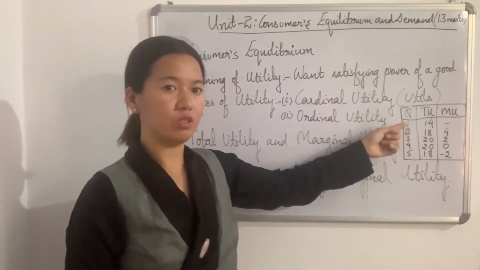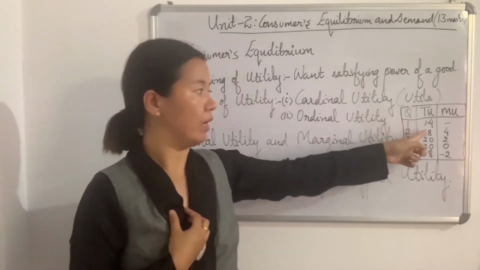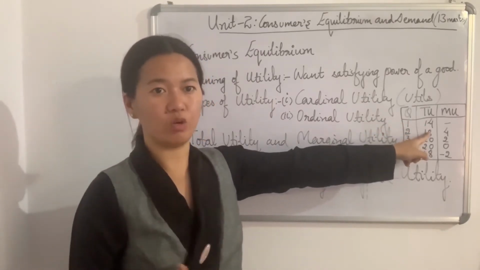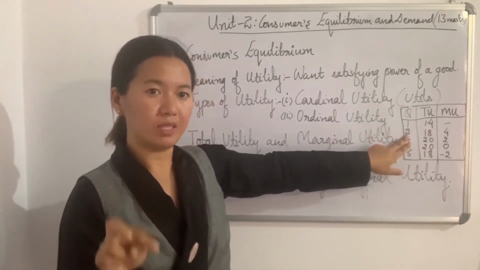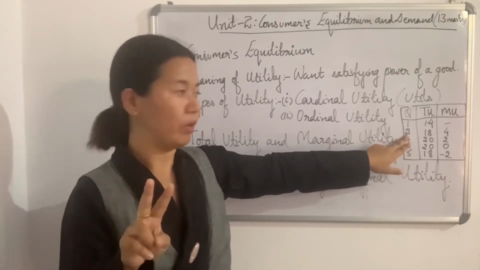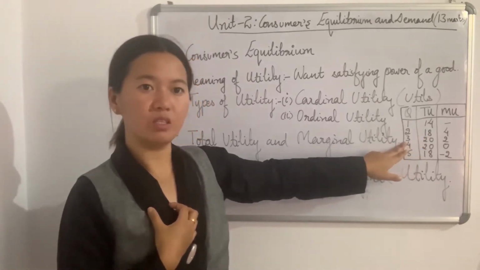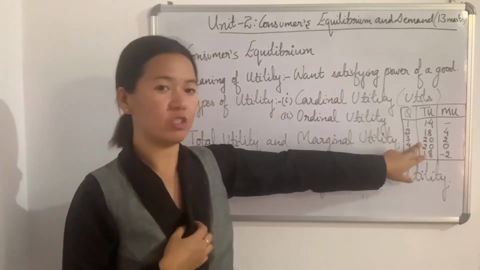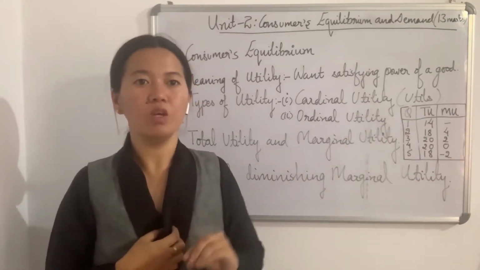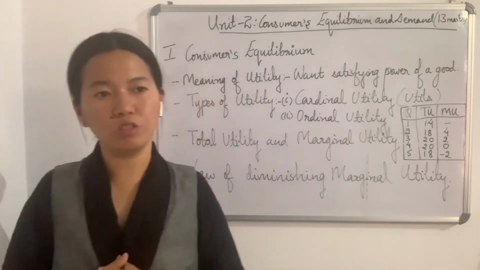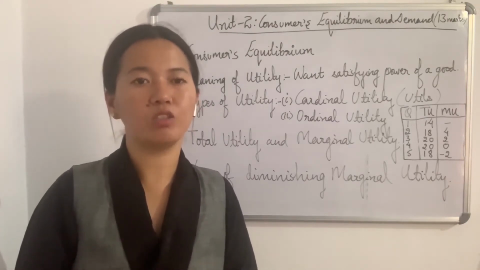When consuming the first unit of a commodity, for example an apple, when I consumed 1 unit of apple, I got 14 units of satisfaction, or 14 utils. When I consumed 2 apples, the total satisfaction I received is 18 utils. And when I consume 3 apples, the total satisfaction I received is 20 utils. So total utility means consuming all the units of a commodity, and the total satisfaction which you receive is called total utility.